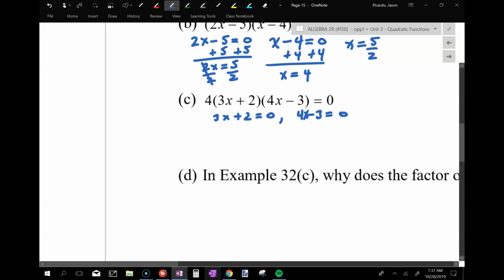All right, so I have two algebraic equations based on the two factors that have variables, right? And so here I get an answer of -2/3.